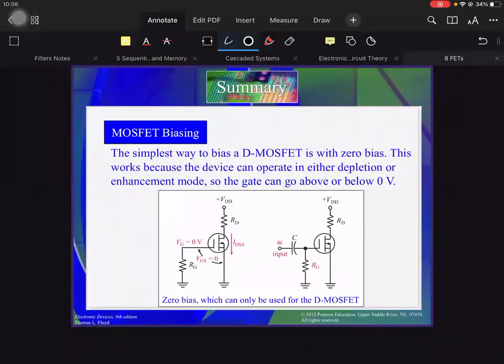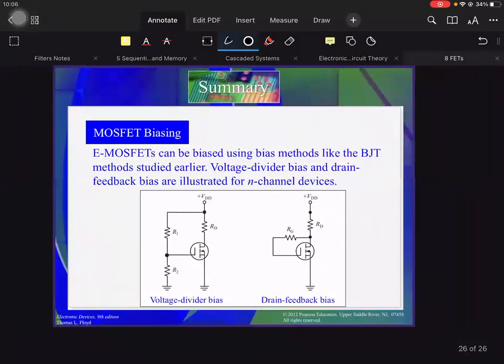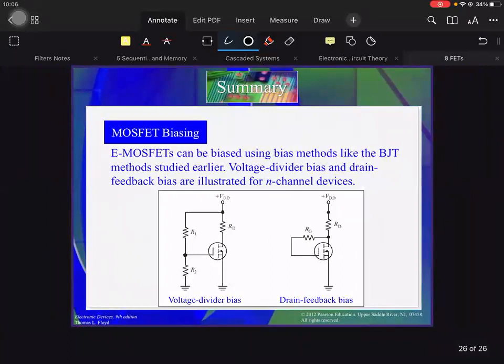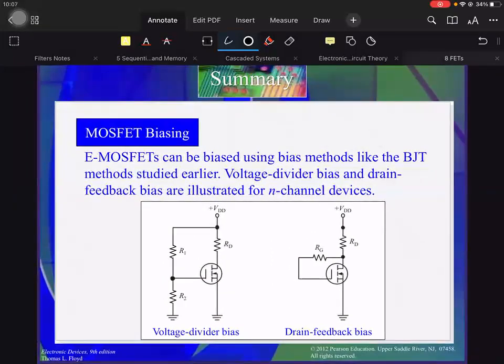We won't go into much detail on the D MOSFET because again, it's not really very common for us to use D MOSFET in practice. Only JFET for amplifiers, and MOSFETs for switching circuits. Lastly, what if we try to use the E MOSFET for amplifiers?